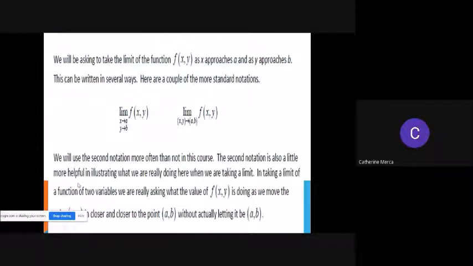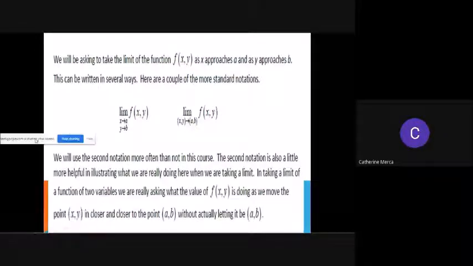What does it mean? The second notation is also a little more helpful in actually illustrating what we would like to take. We would like to take the limit of this function f of x,y as (x,y) approaches (a,b), meaning x approaches a at the same time y approaches b.